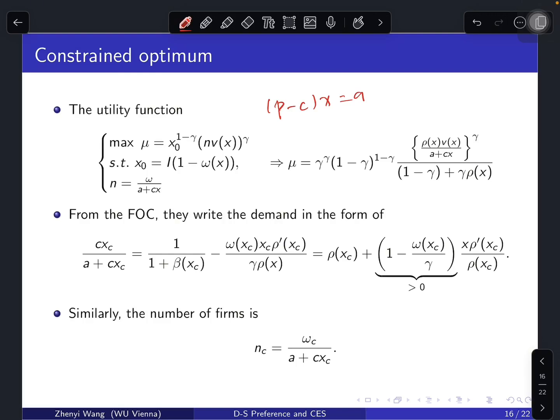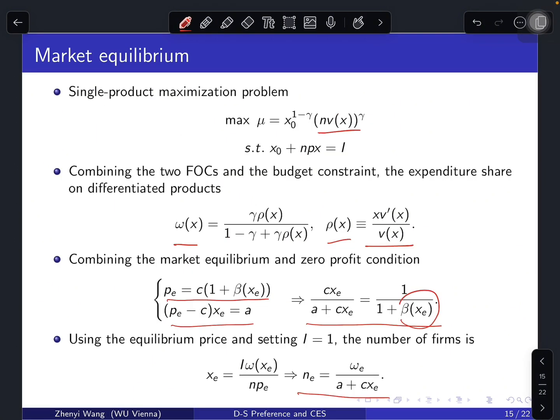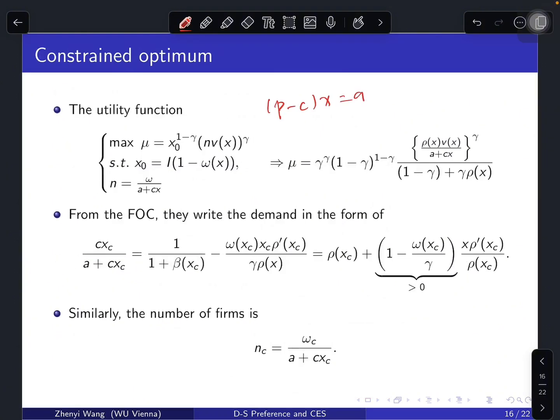Because the Cobb-Douglas utility function introduces rho x, the elasticity of substitution is now a function of demand x, as we mentioned before, which reflects dynamic substitution elasticity. The rho x will directly affect the expenditure share omega x, which in turn determines the relationship between x and n, the demand and the number of firms.